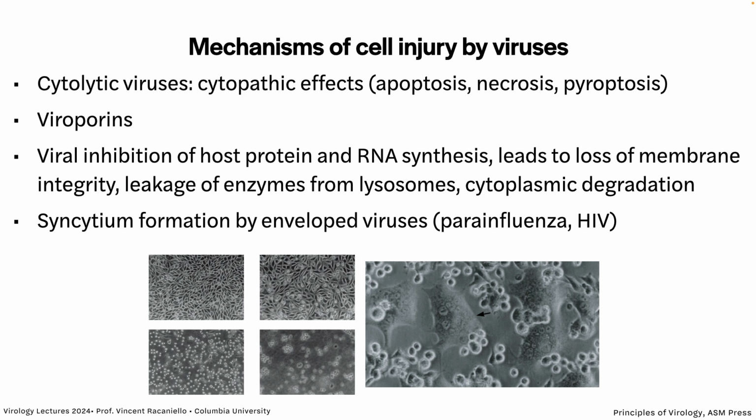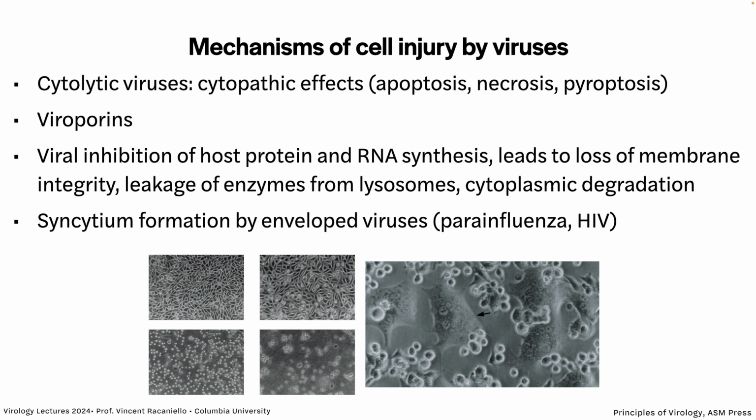They can cause syncytium formation, which we talked about earlier. The cells are fusing. Para-influenza, HIV, and others can cause cell fusion. That's part of the cell damage. Cells respond to infection by initiating programmed cell death. There are different kinds of that: apoptosis, necrosis, and pyroptosis.